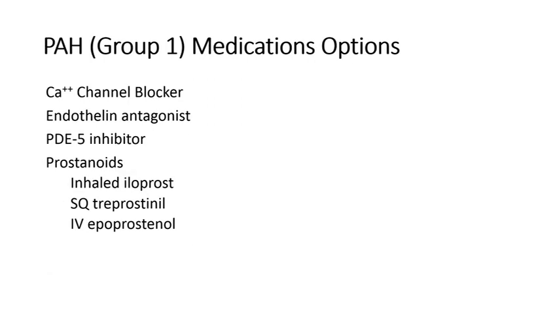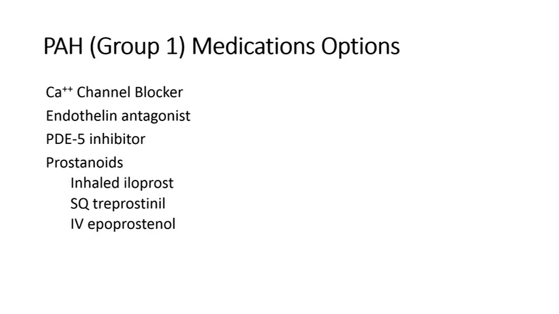For group 1 medication options, these medications are specific for group 1 patients only, while for groups 2 to 5 the main treatment option is to treat the cause. So for group 1, we can use vasodilator medications to treat pulmonary hypertension.